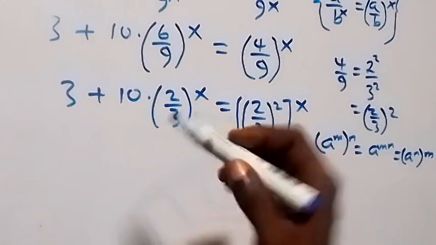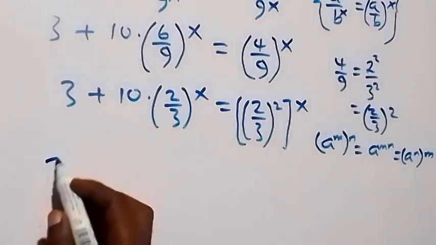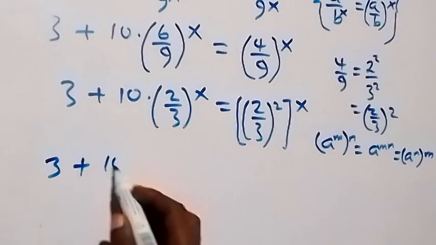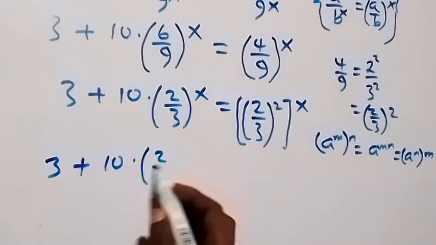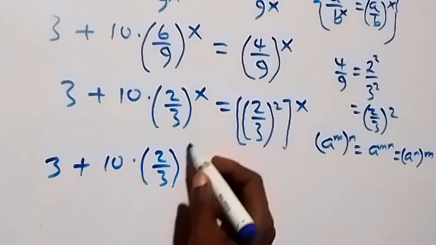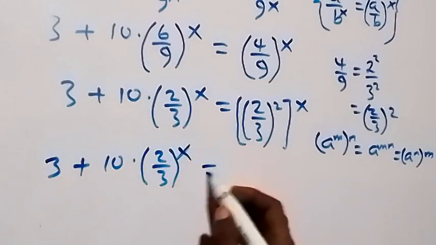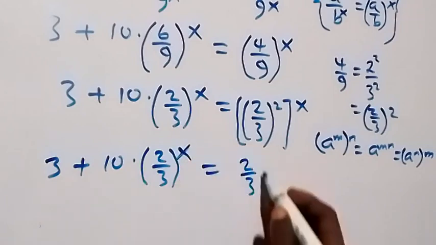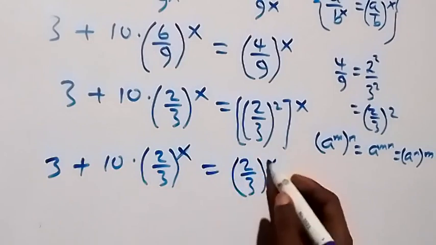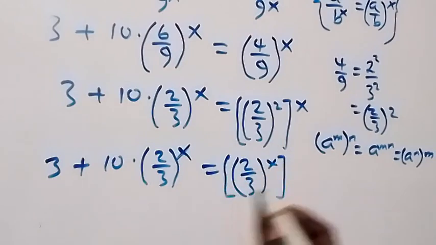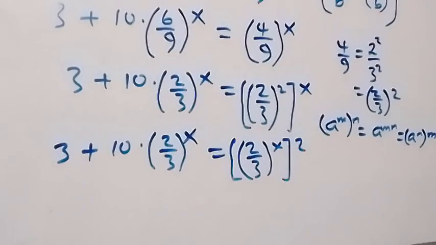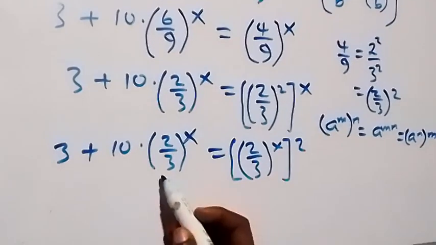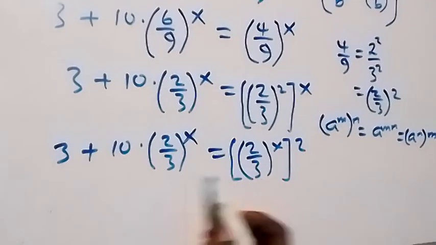So let's change this power, and this becomes 3 plus 10 times 2 over 3 all raised to power x, equals 2 over 3 raised to power x, all squared.